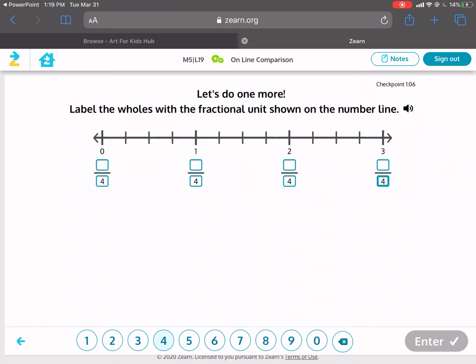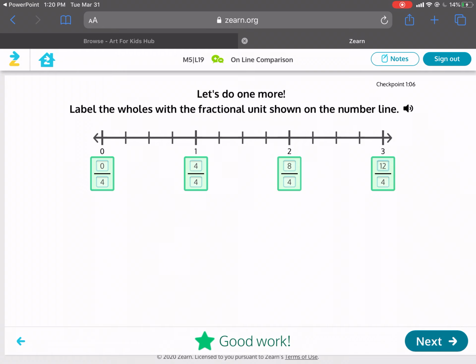All right, at the 0 mark, we have 0/4. At 1 whole, we have 4/4 because there are 4 pieces in 1 whole. At the number 2, we have 8/4 because we're adding another 4, right? 4, 5, 6, 7, 8. And at the number 3, we have 9, 10, 11, 12, 12/4.